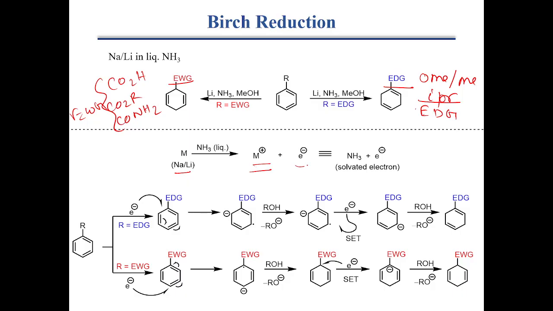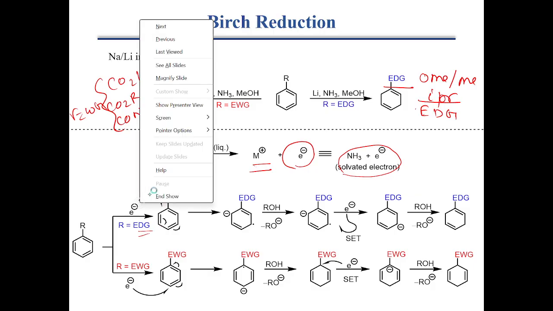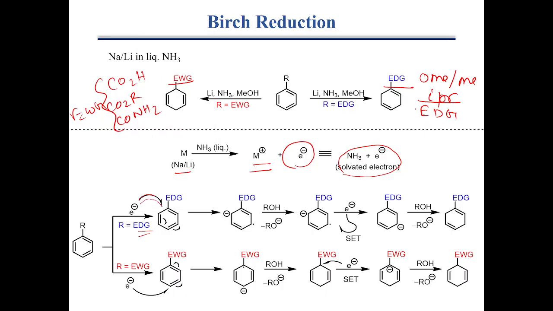So it can donate the single electron and form the solvated electron ammonia complex. Now in the presence of an electron donating group, the electron undergoes ortho attack to the electron donating group position, which forms this radical.